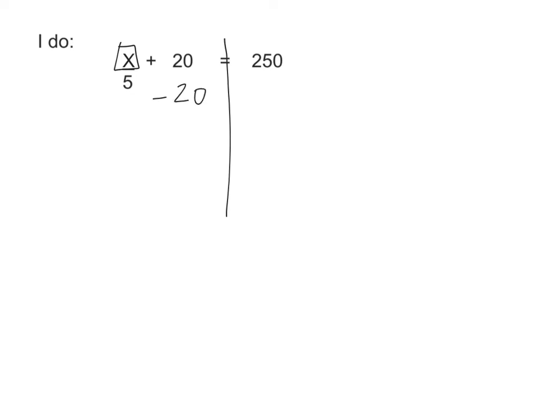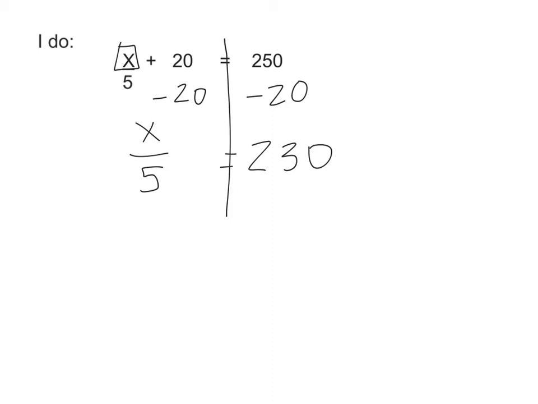So on both sides, I'm going to subtract 20. So on the left side of the equation, I have x divided by 5 plus 20 minus 20. Because they're inverses, this equals 0, and I'm left with x divided by 5. And that's equal to 250 minus 20 is 230.